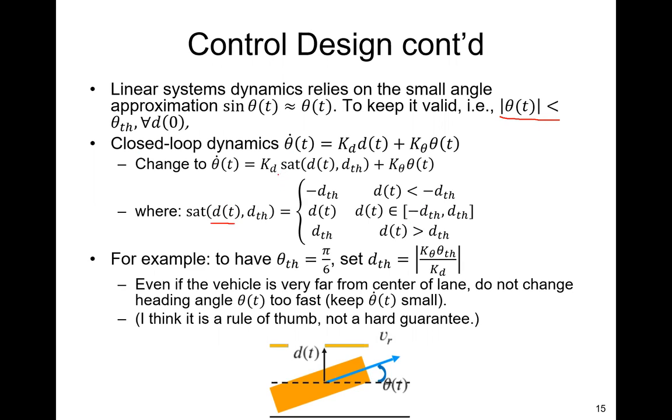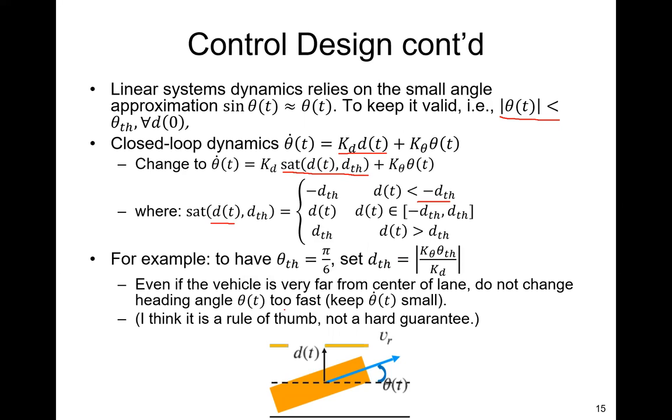So the normal P controller has kd times dt in this equation, but instead we clamp it to lower and upper thresholds, just to ensure that even though the vehicle is very far from the center of the lane, and dt may be large, we're not changing the heading angle very fast.